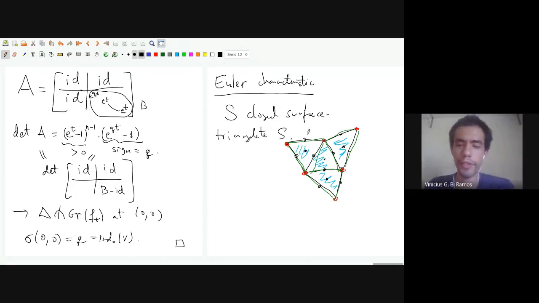Basically what you do is you take the interior of every face, a fixed point, say the center, and you make that a source. And then you make the fixed point in the middle of every edge a saddle point. So you always flow down to a lower dimensional object.